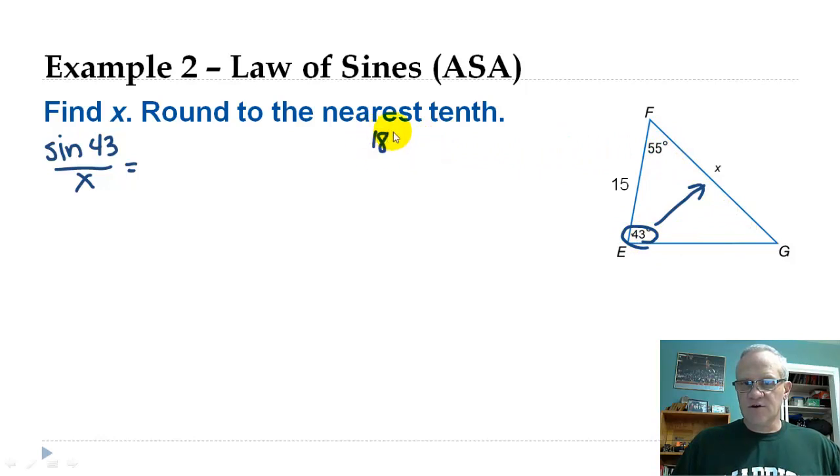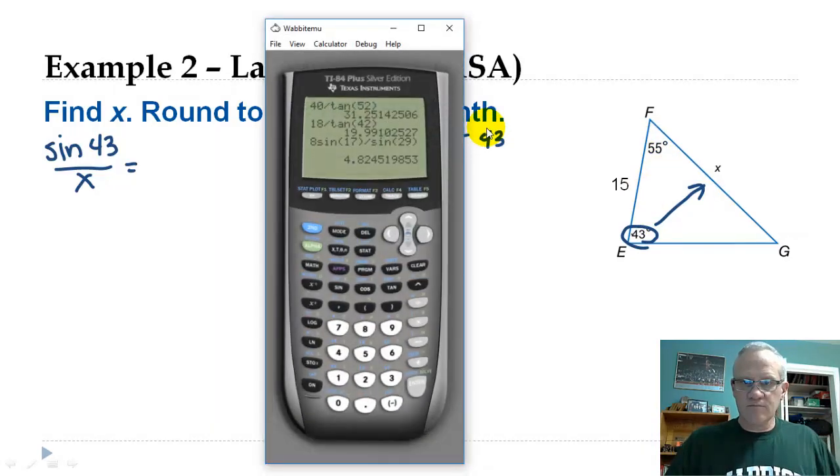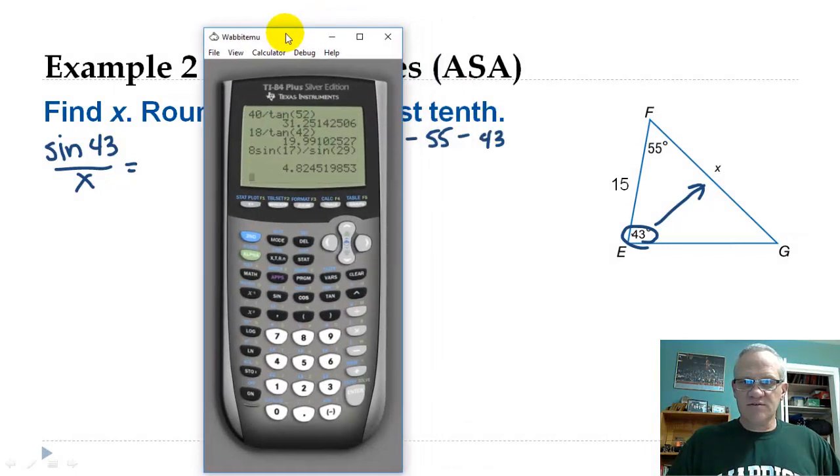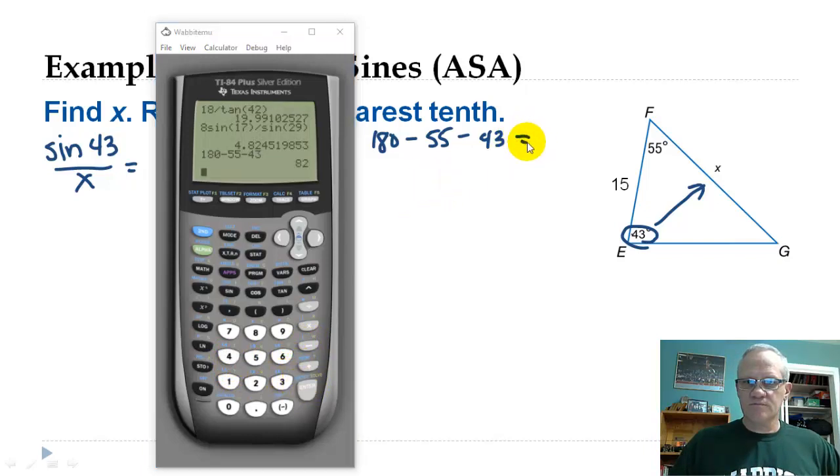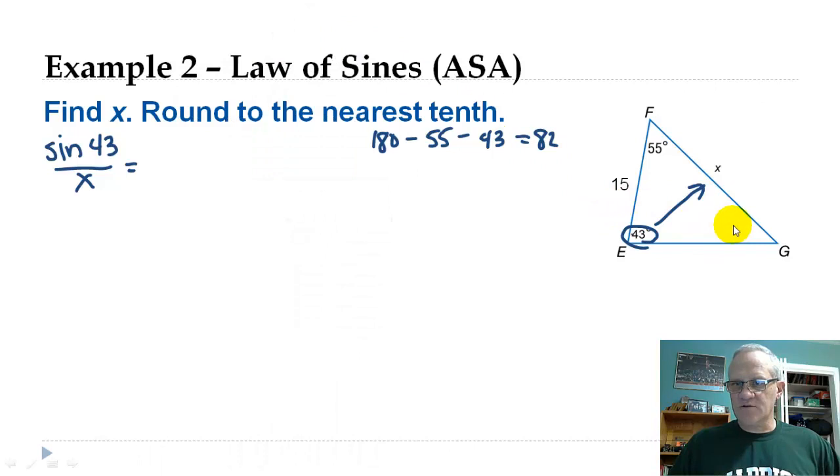So if I take 180, subtract 55, and then subtract 43, that will tell me 82. All right, so what's 82? Well, that's this other angle over here. So this is 82 degrees.